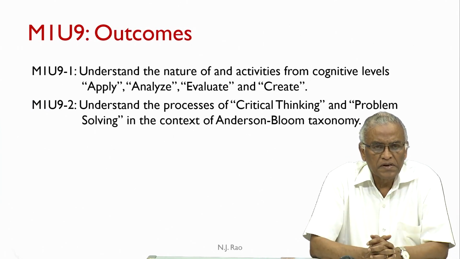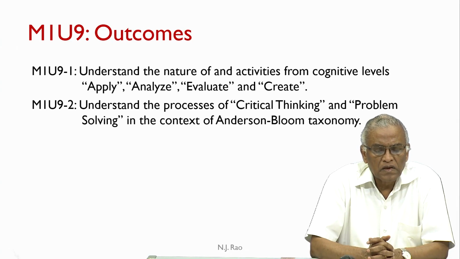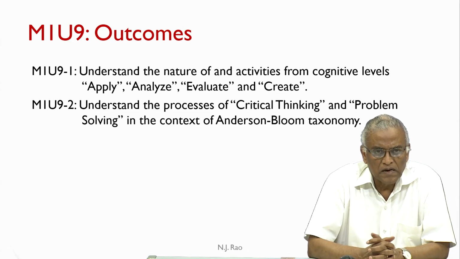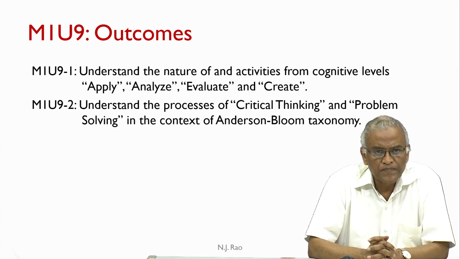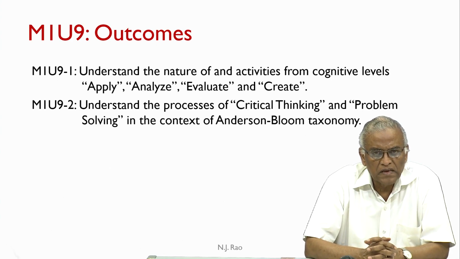Now in Unit 9 the expected outcomes are: understand the nature of and activities from the cognitive levels, apply, analyze, evaluate and create. These are the next 4 cognitive levels. And also understand the processes of critical thinking and problem solving in the context of Anderson-Bloom taxonomy.